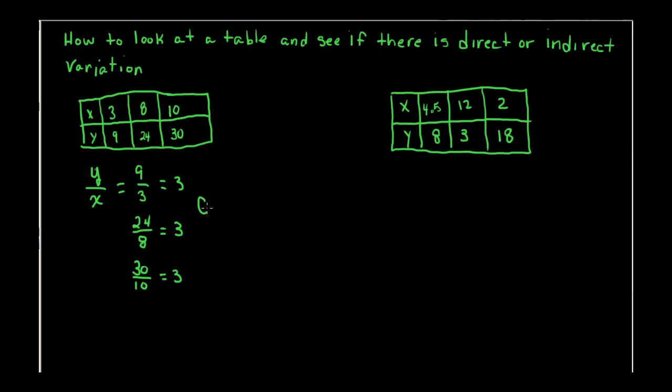So we get this constant ratio. Since we have a constant ratio, this is a direct variation.